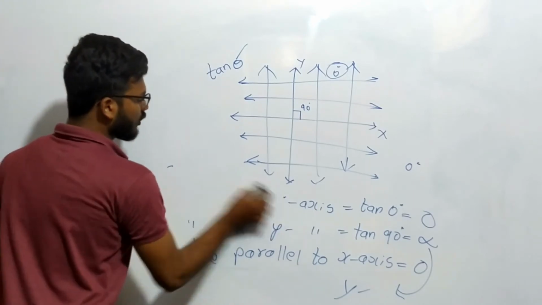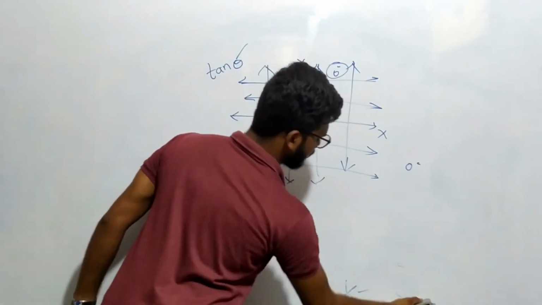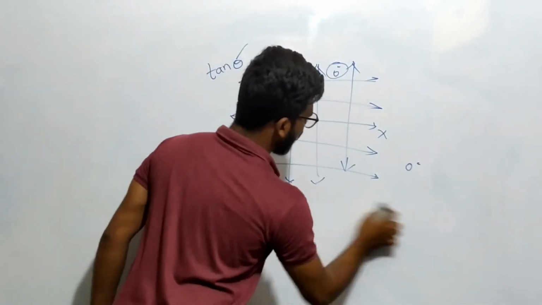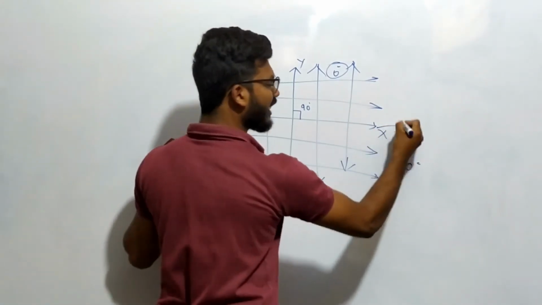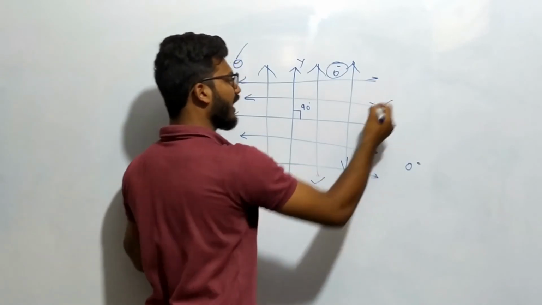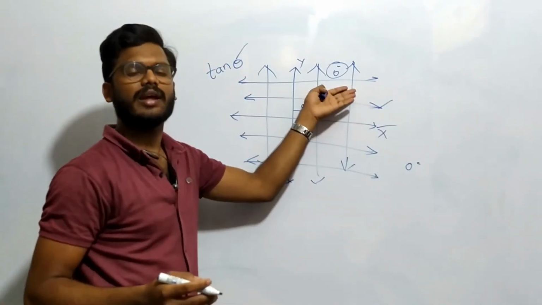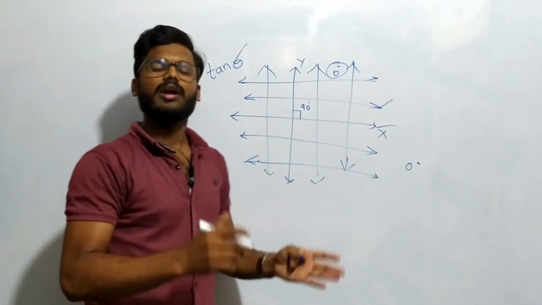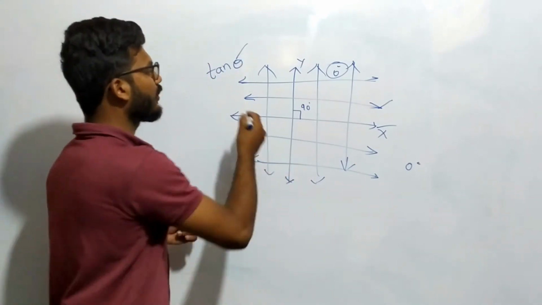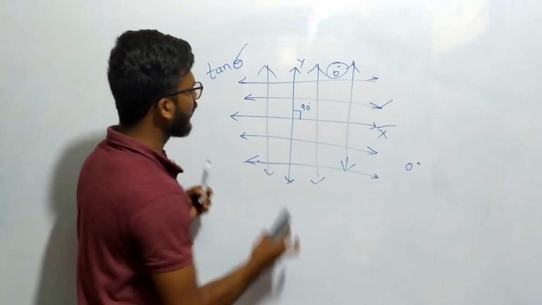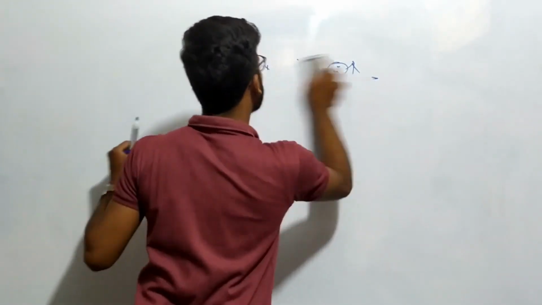So now through this, what can we tell? See, the slope of the x-axis is 0, and any line parallel to the x-axis also has slope 0. So if two lines are parallel, then their slopes are equal. Why? If two lines are parallel, then the angles they make are also equal.